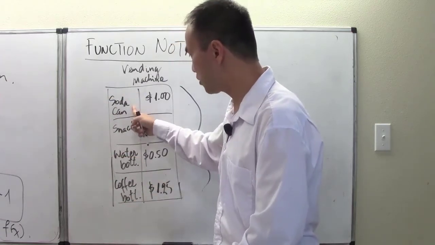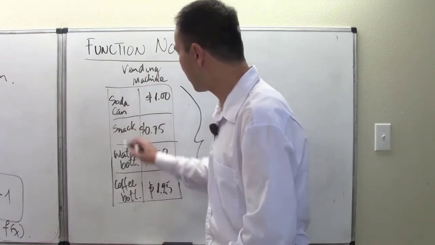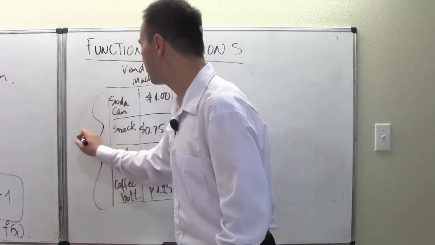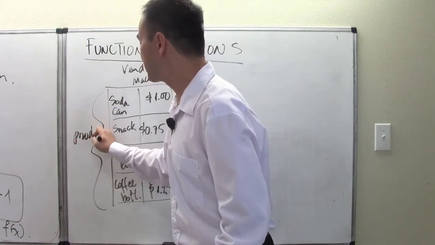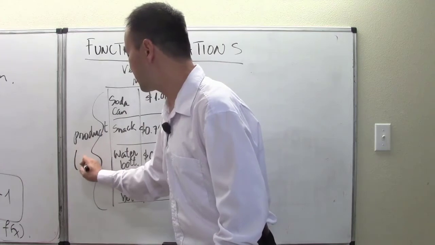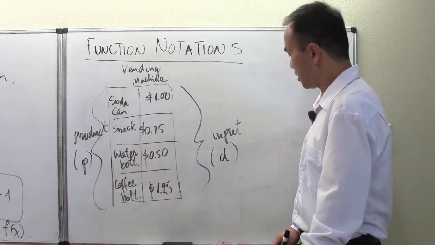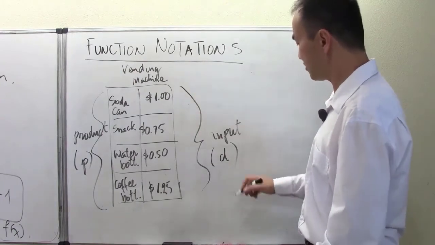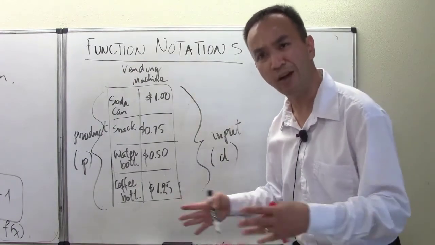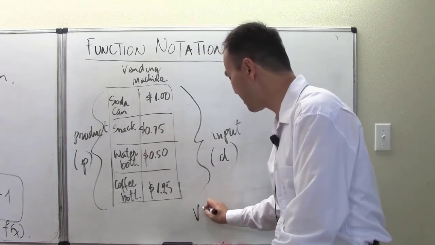It could be a soda can, a snack, a water bottle, or a coffee bottle. Let's regard any of these as a product, and call it a lowercase letter p. Now, how do I use function notation in this problem? I can name my function. How about VM?